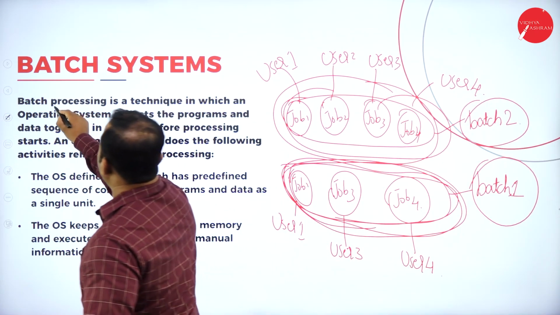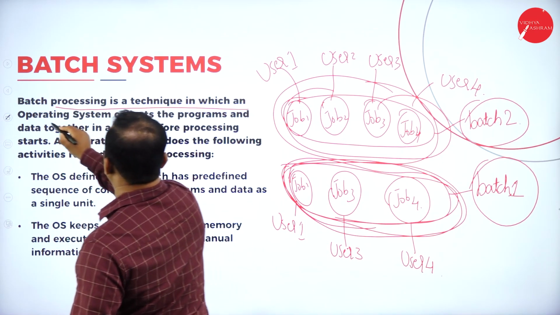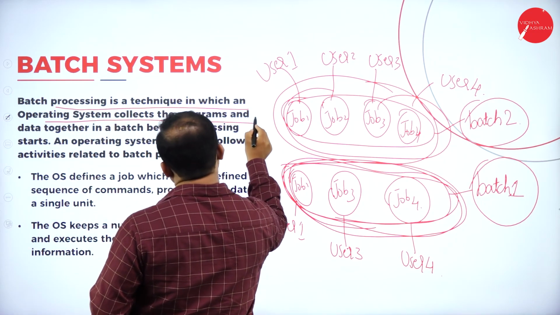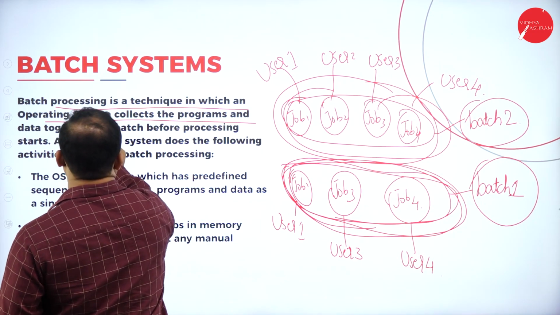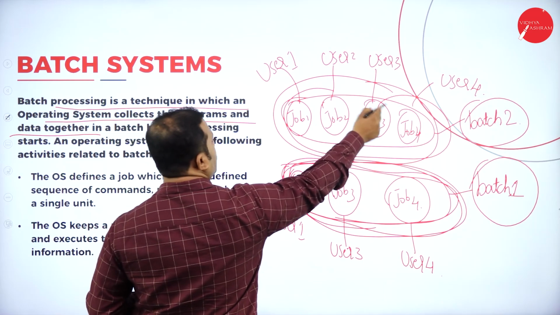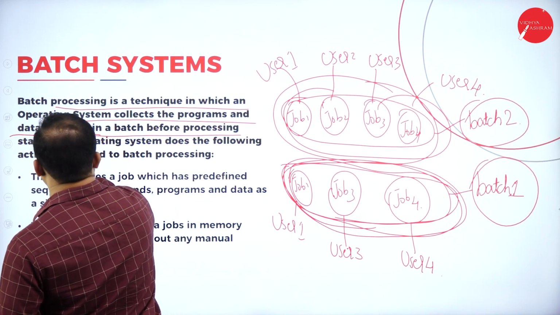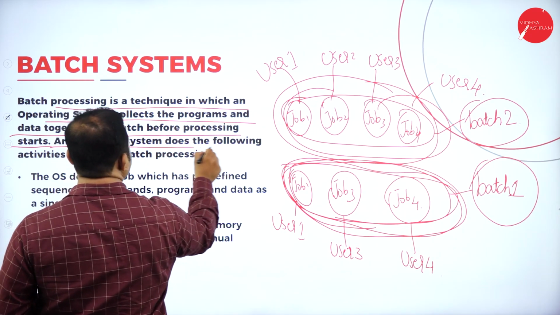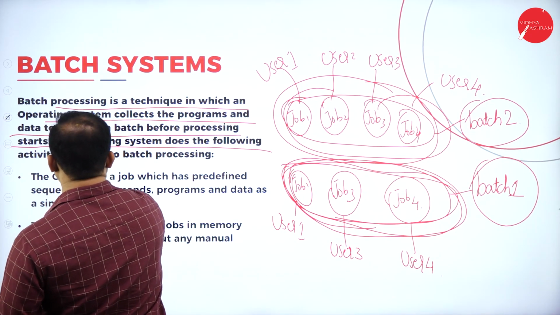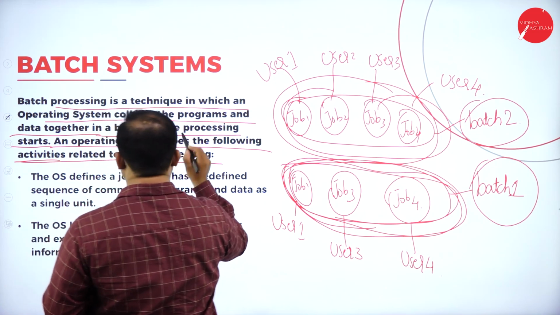Batch processing is a technique in which an operating system collects the programs and data together in a batch before processing starts. An operating system does the following activities related to batch processing.